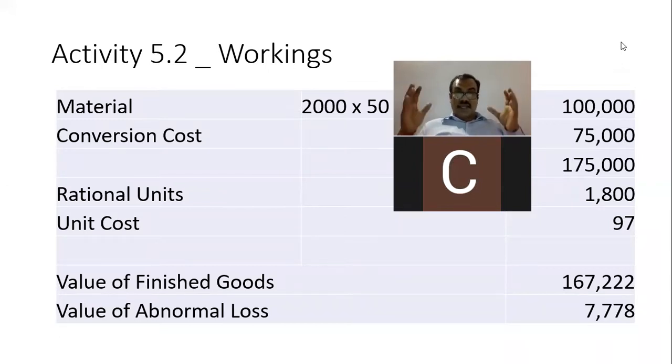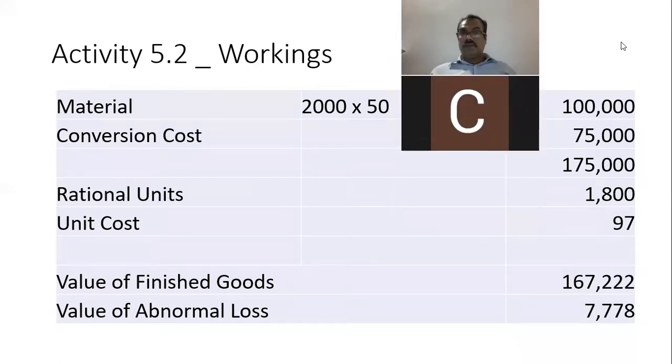Why? That is established after realizing that this is the normal loss. So that is more logical for decision making, because actual may have been influenced by either normal loss or abnormal loss or abnormal gain. Very correct.